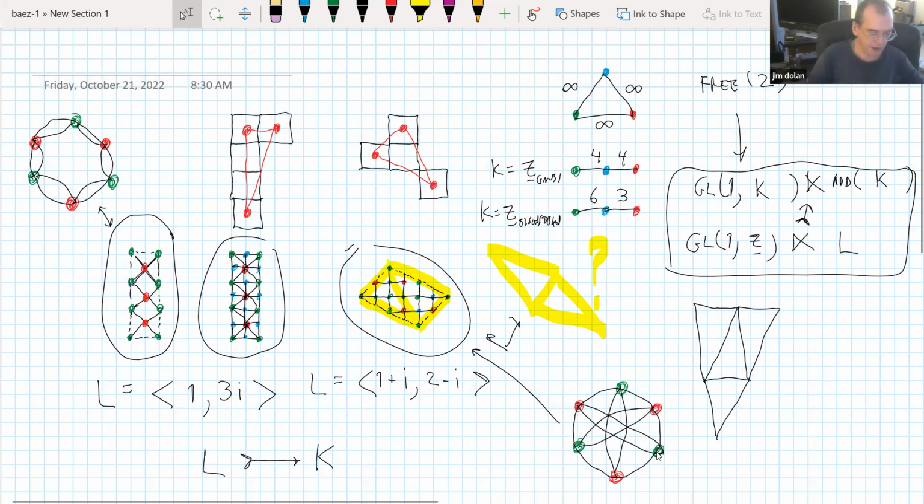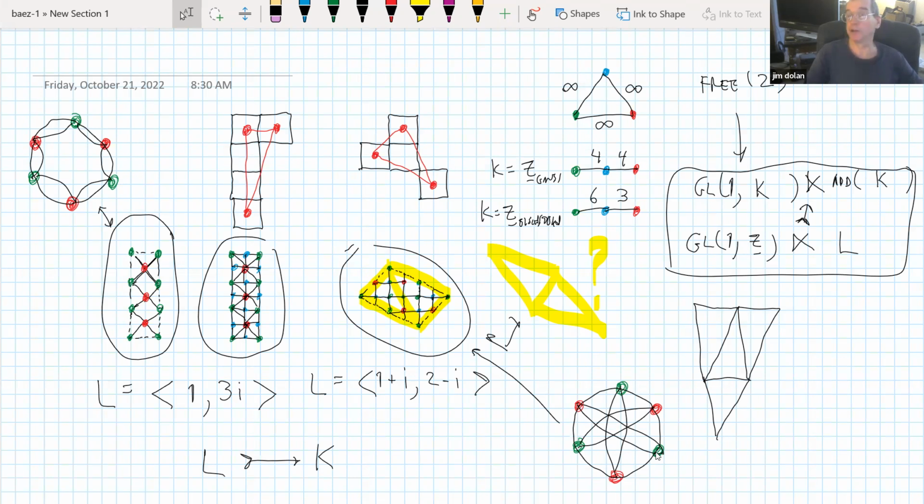So these 2 graphs have a lot of the same statistics, so to speak. But it's sort of obvious that they're not isomorphic even as non-planar graphs.